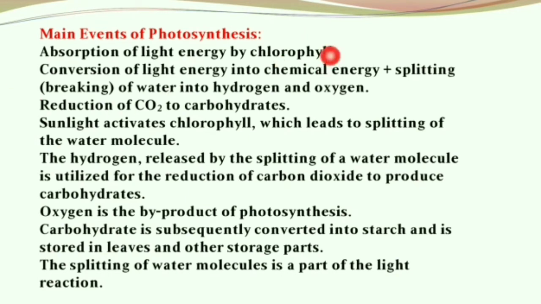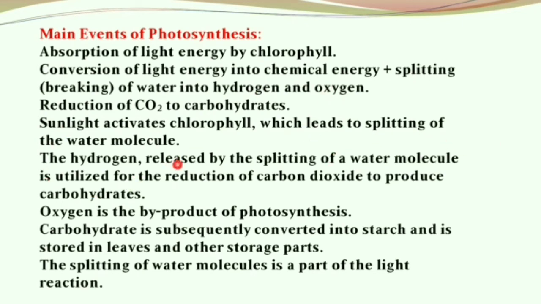What are the main events of photosynthesis? Absorption of light energy by chlorophyll, conversion of light energy into chemical energy, and splitting of water into hydrogen and oxygen. Reduction of carbon dioxide to carbohydrates. Sunlight activates chlorophyll, which leads to the splitting of the water molecule.